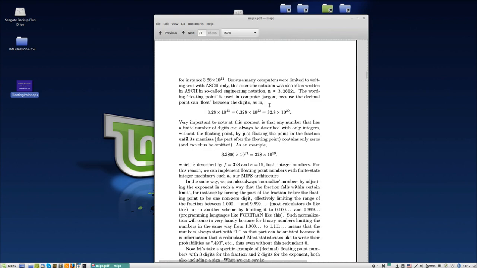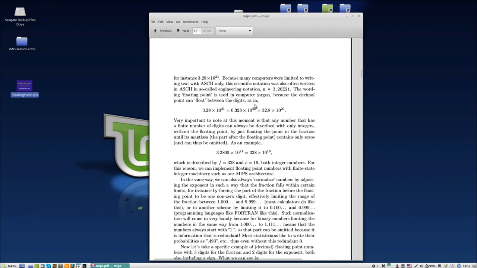Now we have some freedom of choosing the exponent and freedom of choosing the fraction. By the way, just a small stop in between, we can also write this number in what we call the engineering notation. Instead of writing 10 to the power 21, we write E21, which means 10 to the power 21, but this can be written in ASCII.